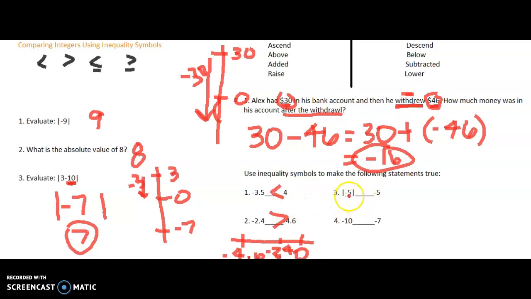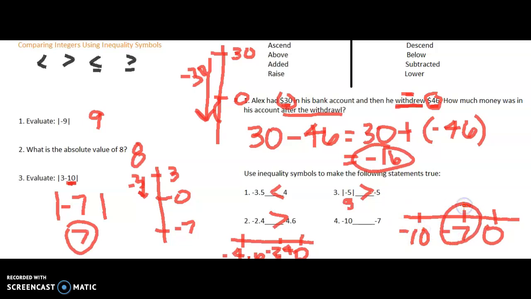So we're going to take the absolute value of -5, which would give us 5. So now we're comparing 5 and -5. The positive is going to be greater. The next one, again, we're comparing two negatives. So if we were on a number line, and we have 0, we have -7, and then -10. The -7 is closer to 0, so that would be a greater number.